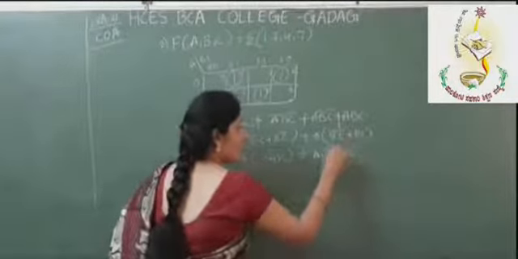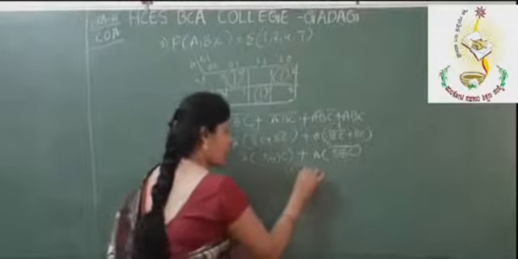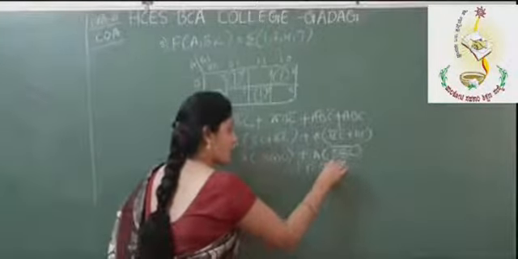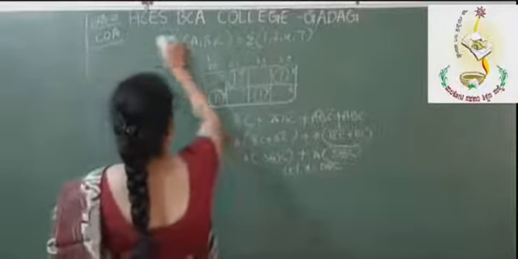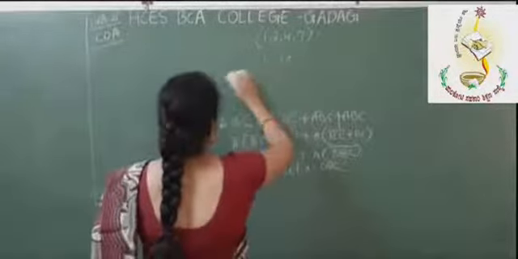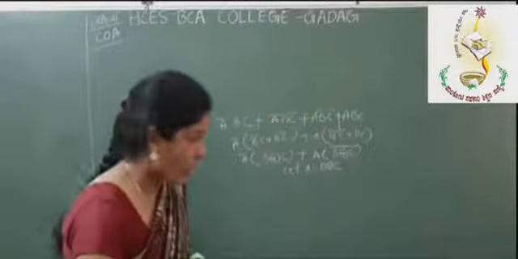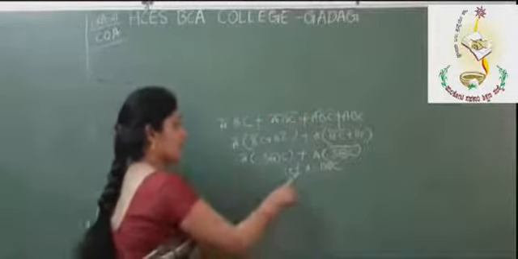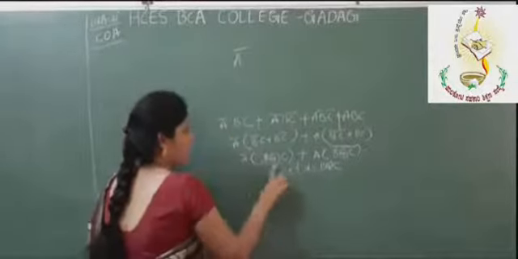As usual, let X be equal to B XOR C. Now let us put the value of B XOR C as X. A bar, what is this now?